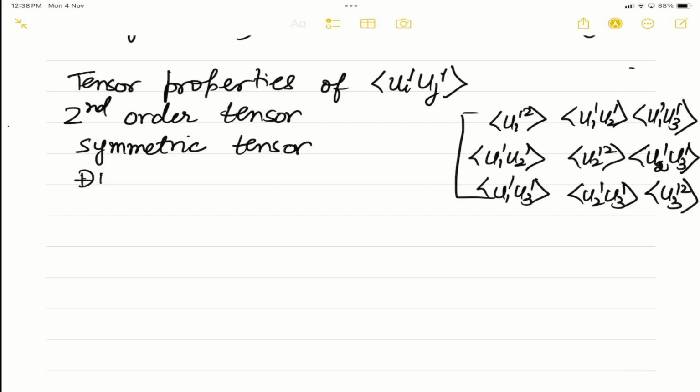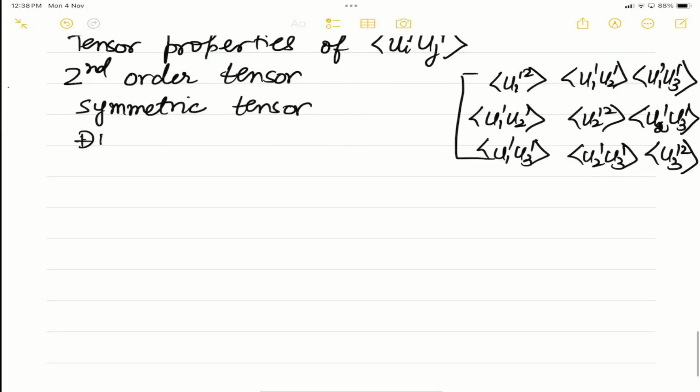So this is how this tensor looks. It is symmetric, so there are totally 6 independent components.